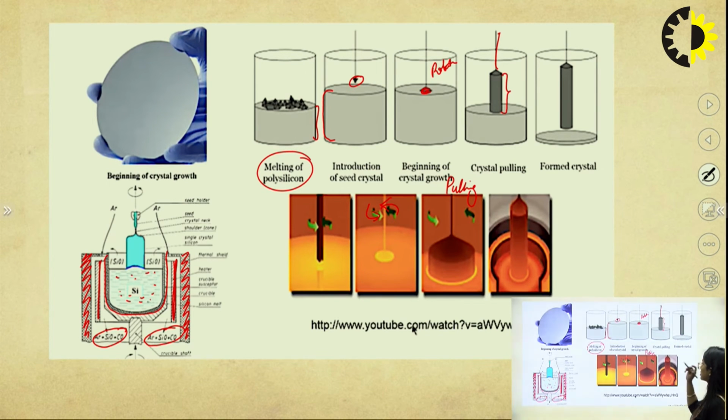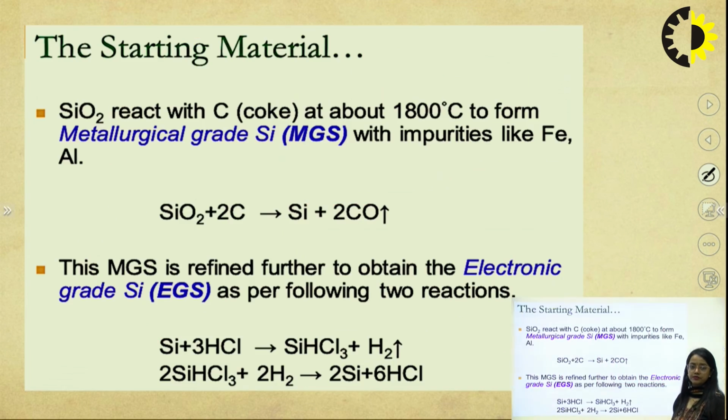Now when the seed-like structure is obtained, we can see that the level of liquid is reducing and has come down to almost minimum. So this is the overall step of the Czochralski crystal growth mechanism.